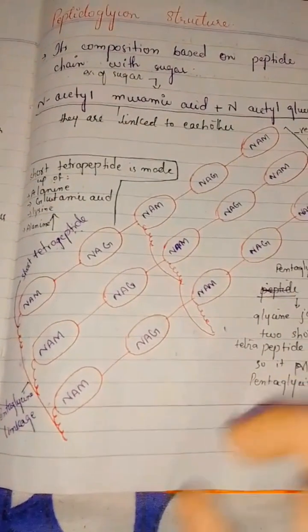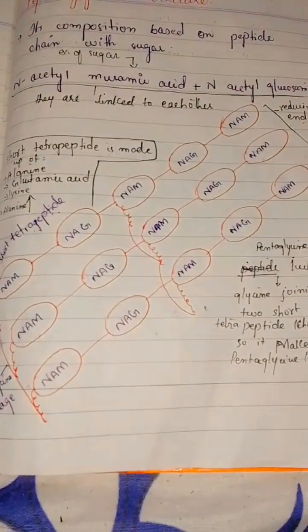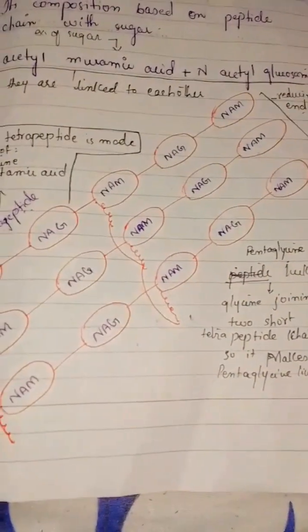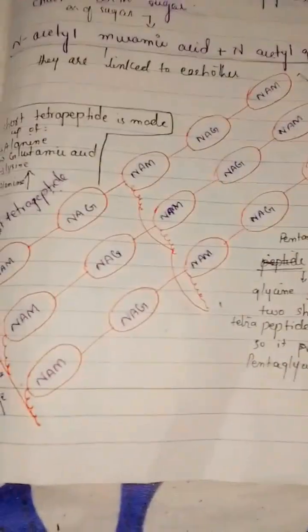We can say that the bacterial cell wall is composed of peptidoglycan as well as lipoglycan, because as I said, it is made up of murein. And that is the basic structure of peptidoglycan.